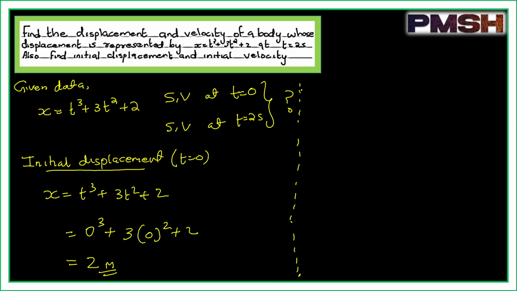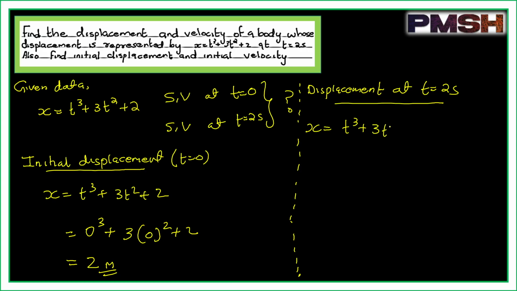Okay, that's all. Now you want to find the displacement at time t = 2 seconds. So what is the equation? x = t^3 + 3t^2 + 2.